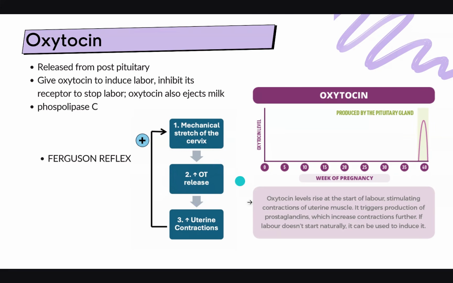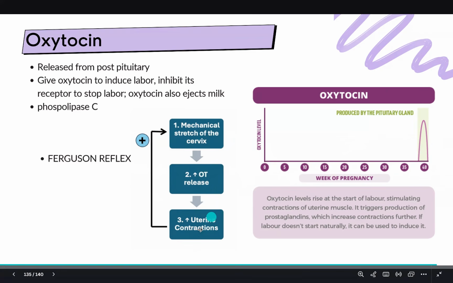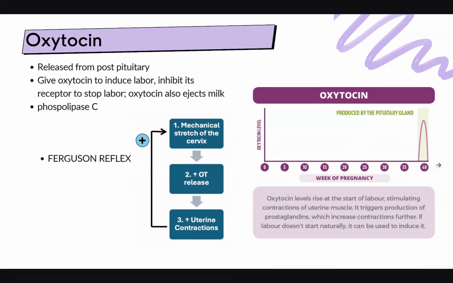Now, the oxytocin then again makes the uterus contract. And when the uterus contracts, the head of the baby is pushed even further into the cervix, making the cervix stretch even more. Again, this is an entire cycle, and the cycle goes on until the baby is fully outside the mother's uterus, and that's when this cycle stops. Okay, this is called the Ferguson reflex.